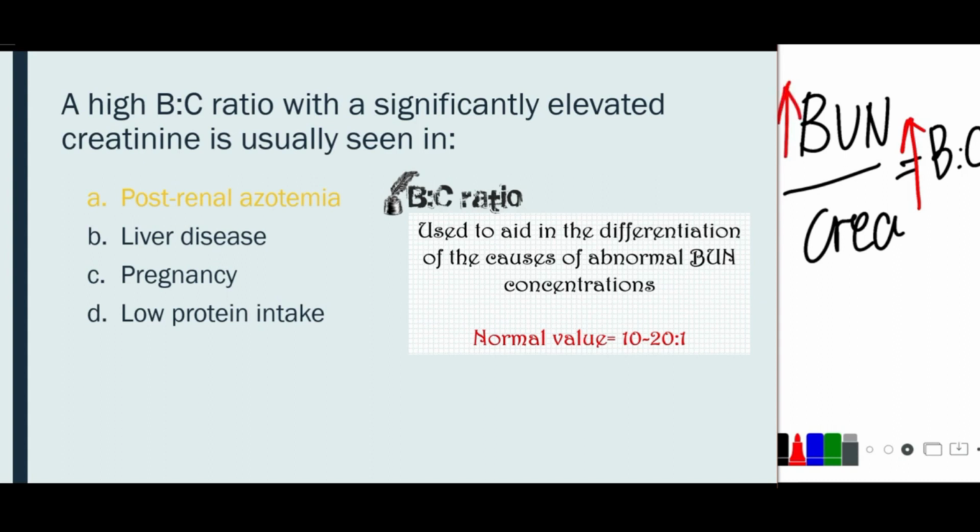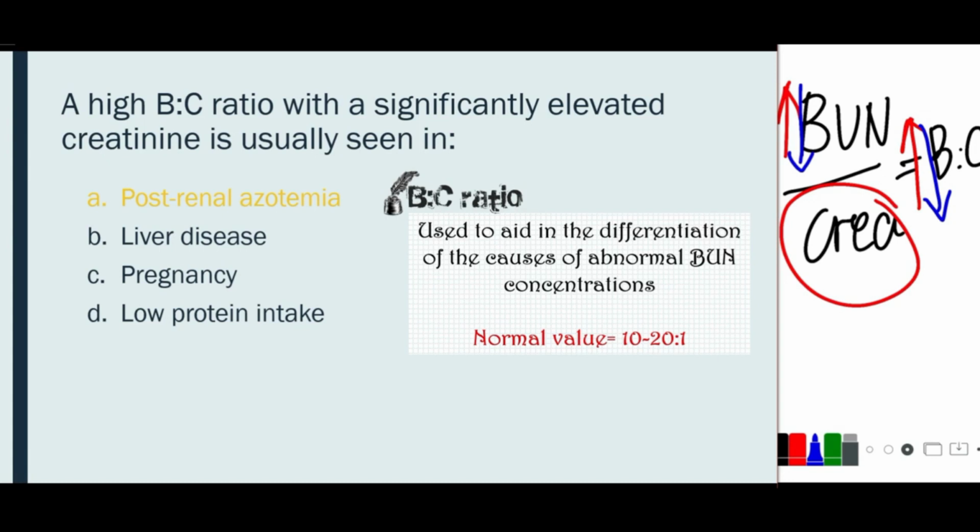And then we interpret the values of your creatinine in order to differentiate the causes why BUN is increased in this case. And in the same way, when the BC ratio is low, this is primarily because the BUN level is also low. So again, between BUN and crea, it is your BUN that will have a greater effect with that of the BC ratio.